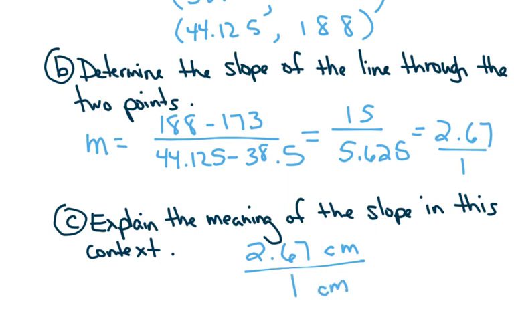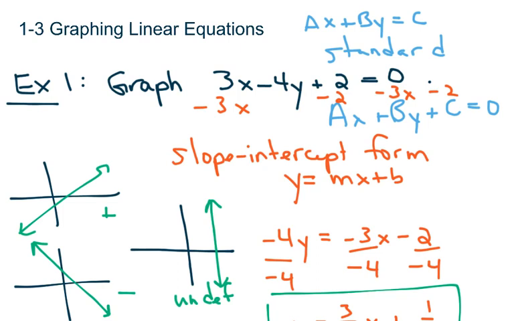So if you add another centimeter to the tibia, his height increases by 2.67 centimeters, approximately. That's the meaning of the slope in this context. And that is what you need to focus on from section 1.3 on graphing linear equations.